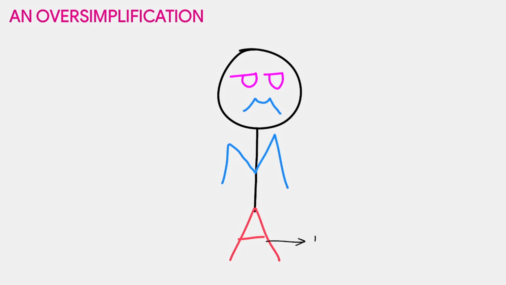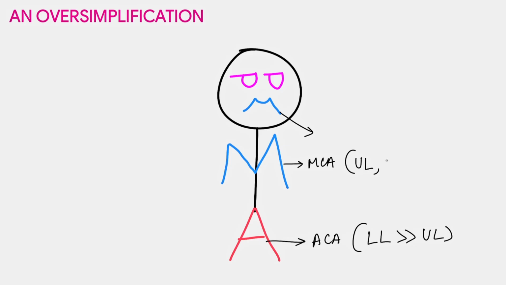So A obviously stands for anterior cerebral artery, in which the symptoms would be predominantly in the lower limb than the upper limb. Here M stands for MCA, where there'll be a predominance of upper limb and face more than the lower limb. And P stands for PCA, which will present with visual field defect.